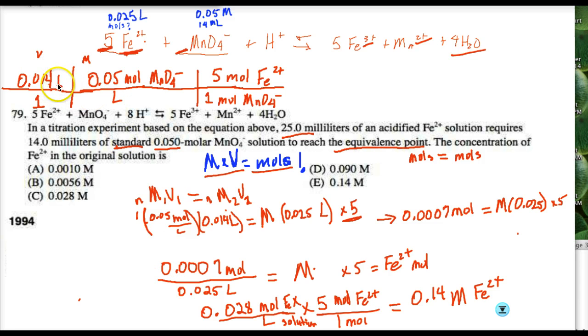Then these volumes are going to cancel out, and now you're in mole town, and you're going to do your mole to mole ratio. For every 1 mole of this, you used 5 moles of the iron ion, okay? Now, the problem is you get moles of ion, but you're not finished. I used this piece of information, and I used this piece of information.